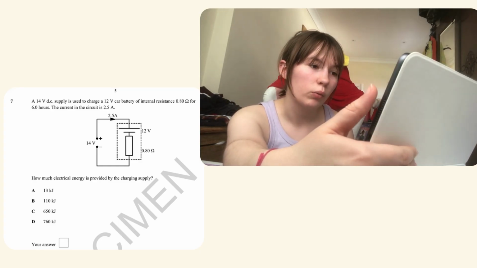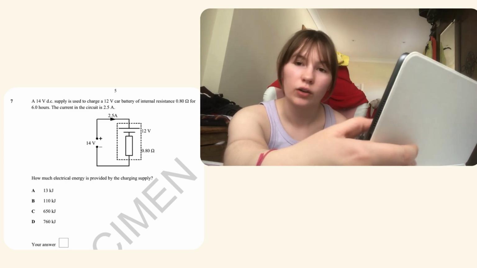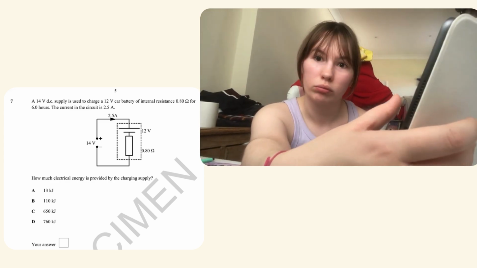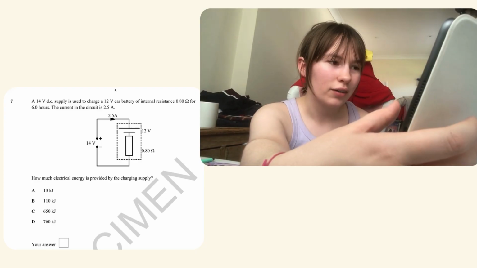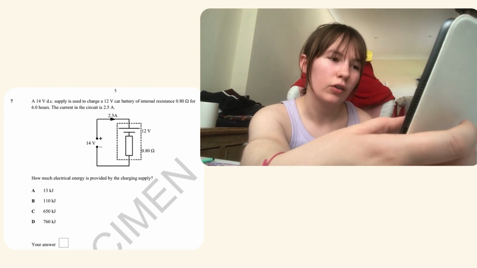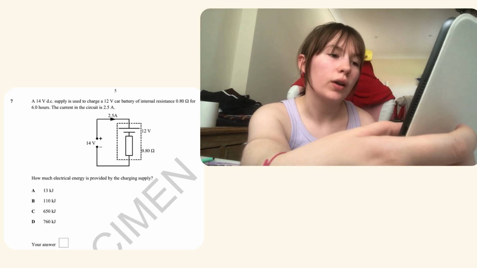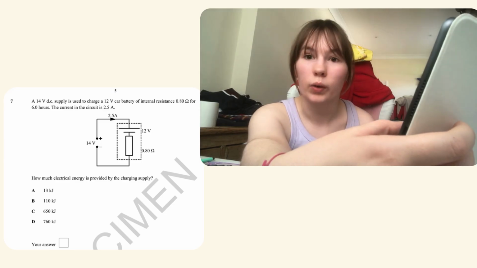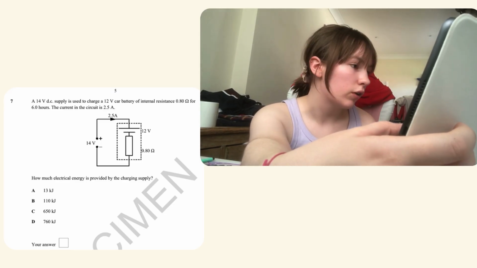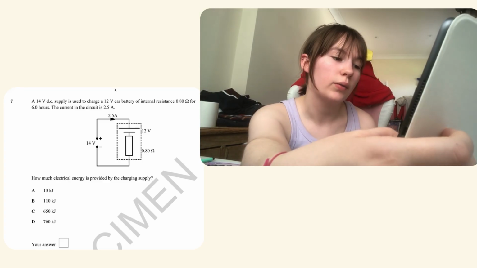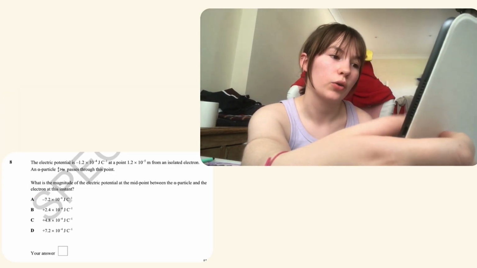So we know that the supply, we don't need to worry about anything lost or the 12 volts, we just need to know it's 14 times the current times the time, because it's E equals VIt, so 14 times 2.5 times 6 hours, which should give you D.